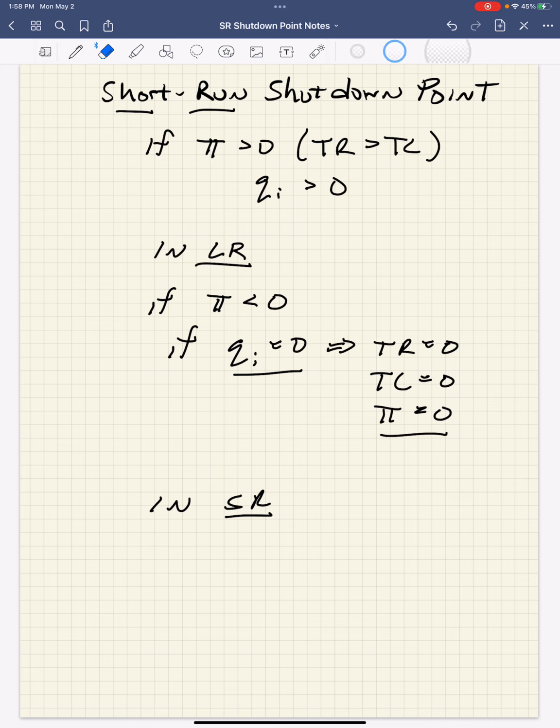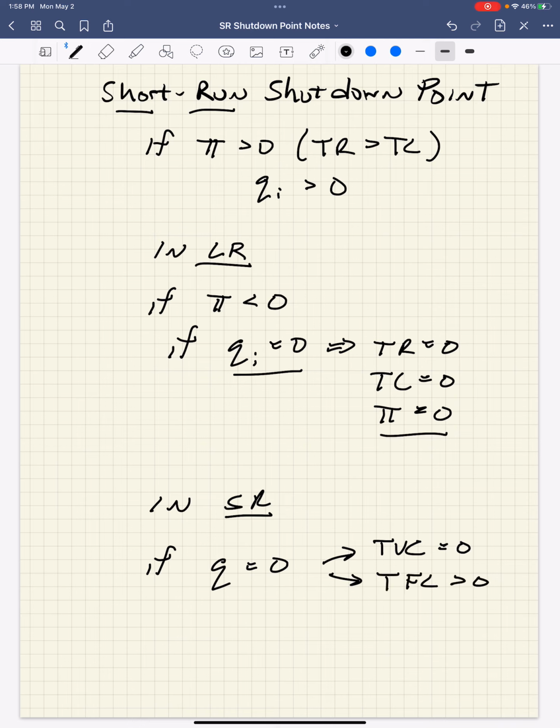So the key idea here is, in the short run, if we shut down, if we set quantity equal to zero, the good news is our variable cost will go to zero. We send all of our workers home. We don't have to pay them anymore. Our fixed costs, though, are stuck with us. They're going to be positive. You still have to pay that contractually obligated rent on your capital. But of course, if we're not producing anything, we're not selling anything, and we're not earning any revenue.